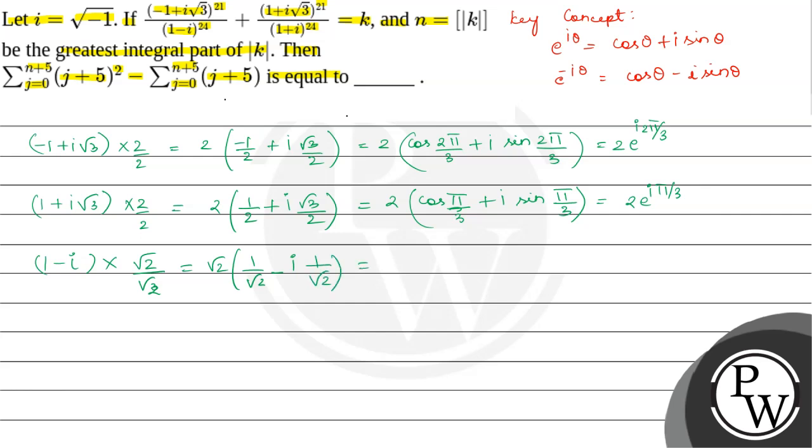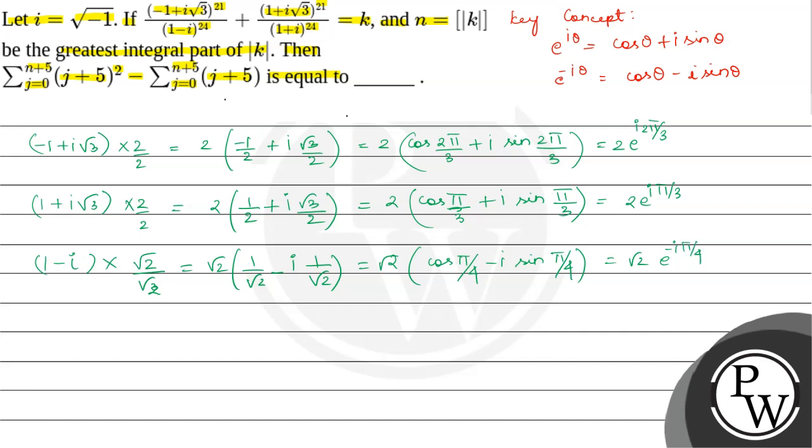This is equal to √2 into (cos π/4 − i sin π/4), which is √2 e^(-iπ/4).